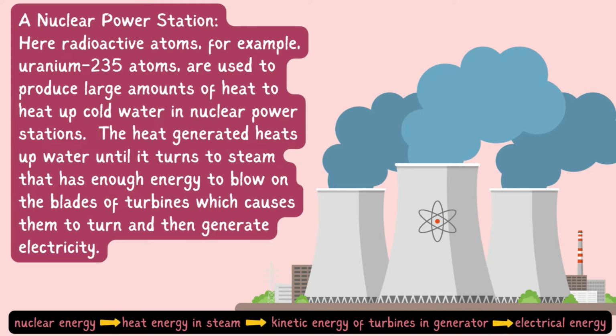So we start off with nuclear energy from the atoms, which transforms into heat energy, and then it is converted to kinetic energy by turning the turbines of the generator, and then eventually electrical energy, which travels through the wires and powers our homes.